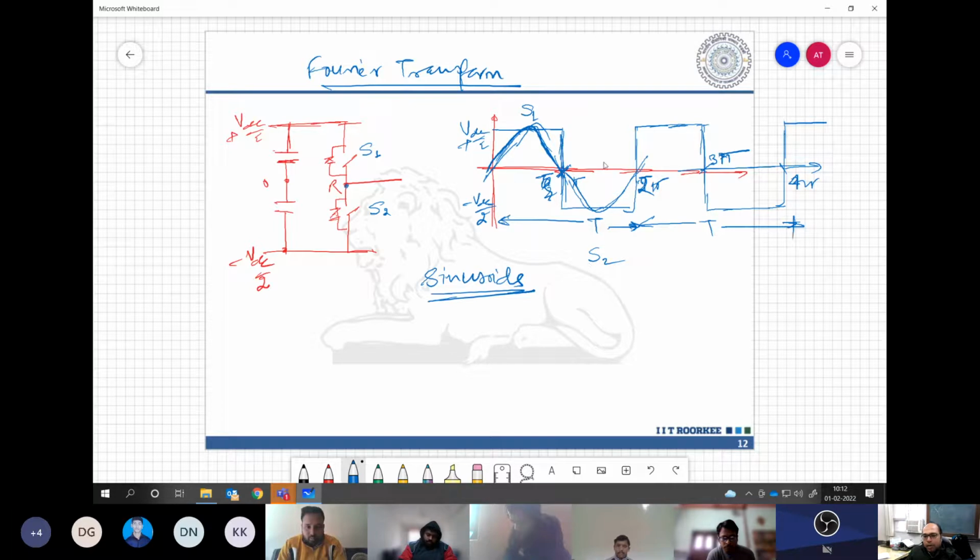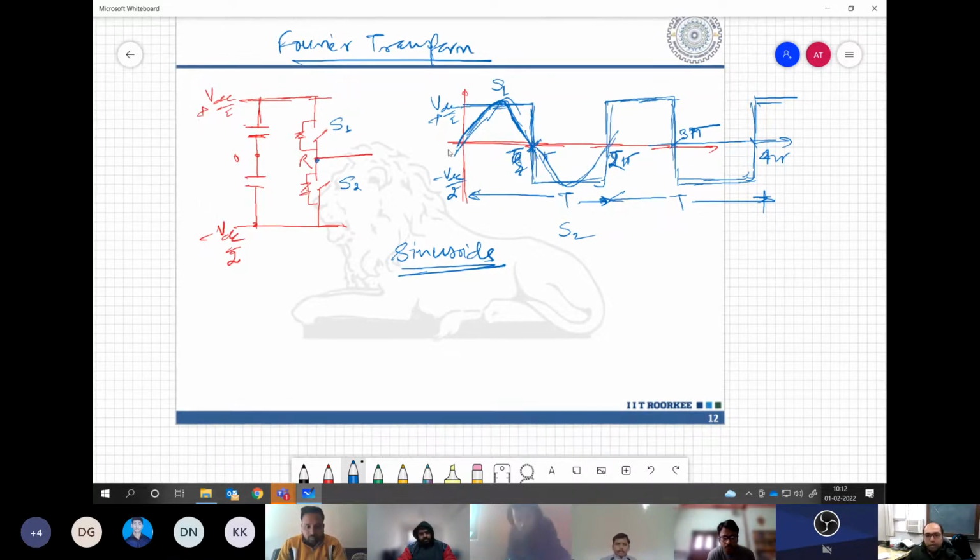The sum of many sinusoids will actually form this waveform which is visible over here. This we know from our prior experience. There is nothing much to say, right? Now, let us say this is VRO.